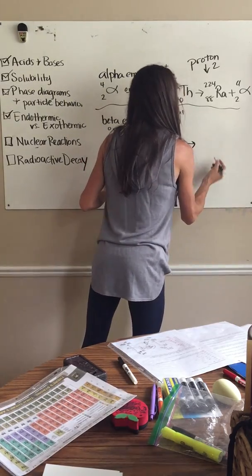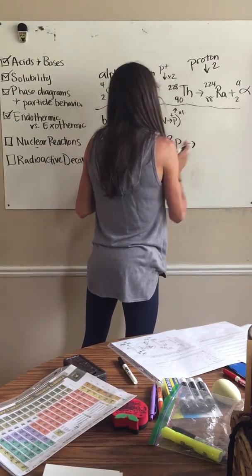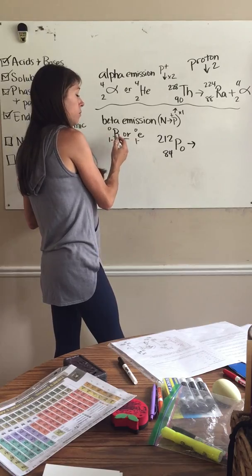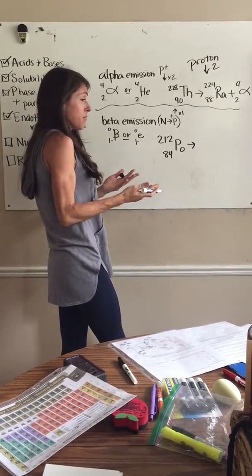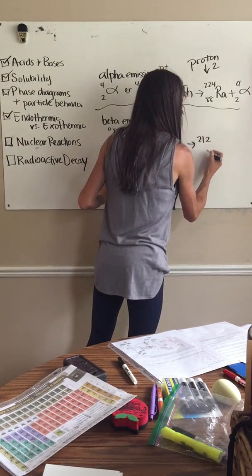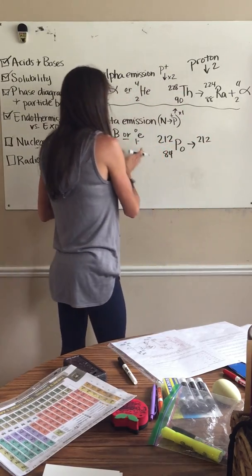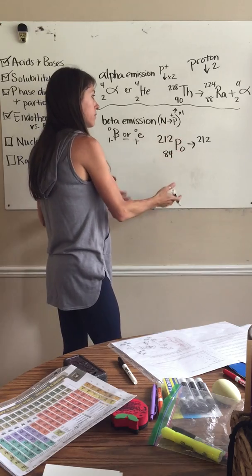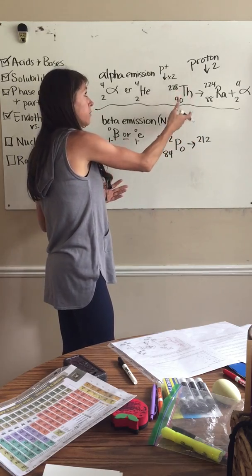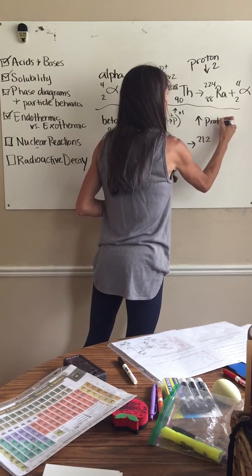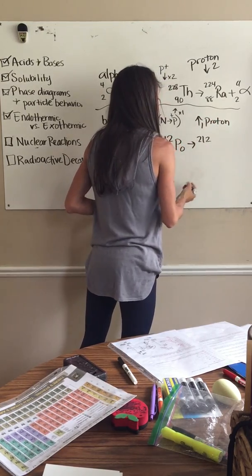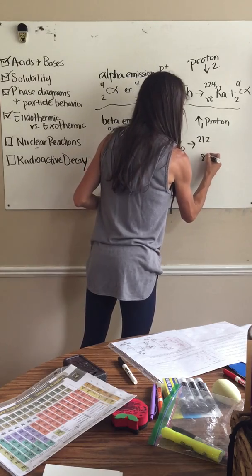This means the mass number will not change at all, because you're essentially just releasing an electron, so that doesn't affect the mass. The mass is still going to be 212, but you're going to have an increase in your proton count. This is the only time it's different: over there we're down by 2 protons, and here our proton count goes up by 1. So we're going from 84 to 85.